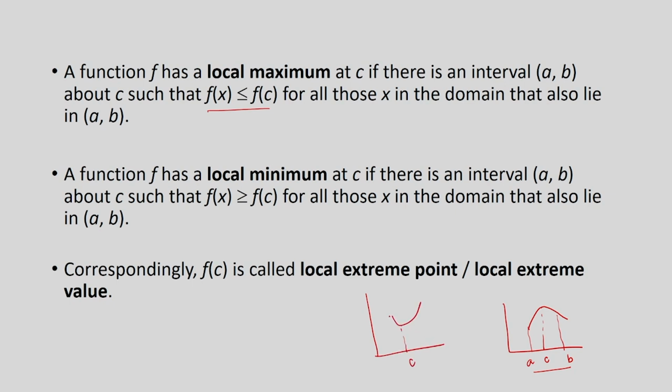Here you have C, and suppose A and B. So, f of x, x can be anywhere from a to b, f of x is always greater than or equal to f of C in this case. Correspondingly, f of C is called the local extreme point or local extreme value.